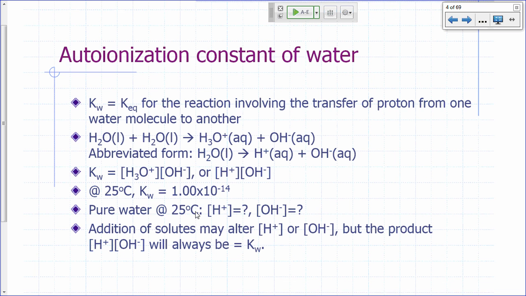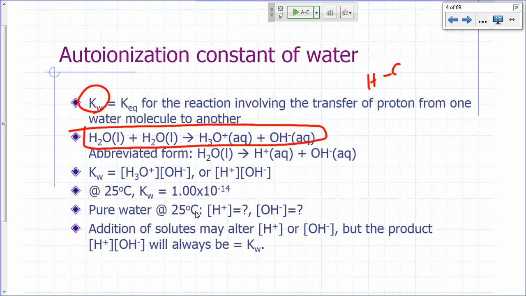Okay. Like I said, KEQ for this reaction is known as Kw, and this particular reaction is this one right here. Okay. In water, even if you have ultra pure water, it's not all going to be just water molecules. So at any given instant in ultra pure water, a very, very tiny fraction of your water molecules are actually in the form of hydronium and hydroxide ion.